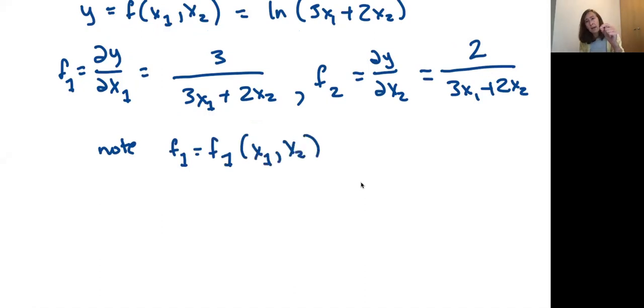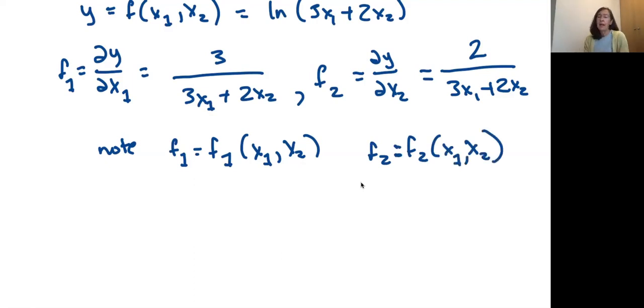So the impact of x1 on y depends not only on what value of x1 we're at, generally true for a nonlinear function, it also depends on what value of x2 we're at. And same deal with f2. It's a function of both of those variables.